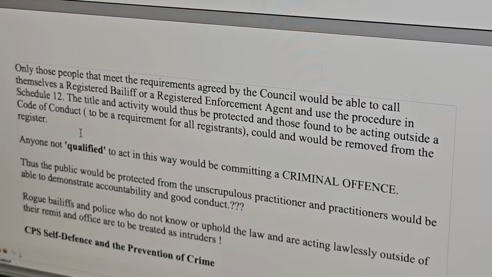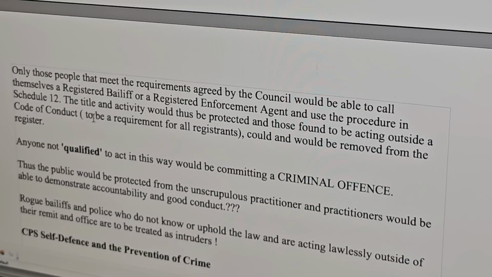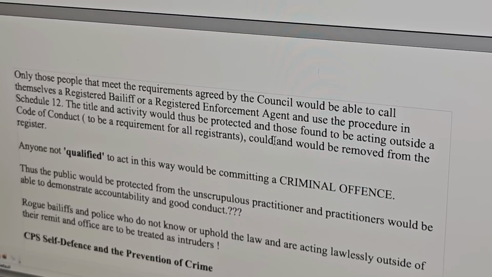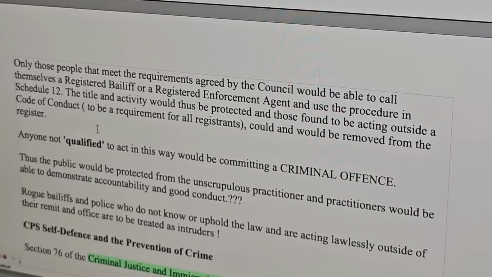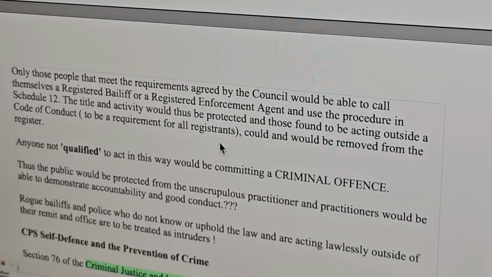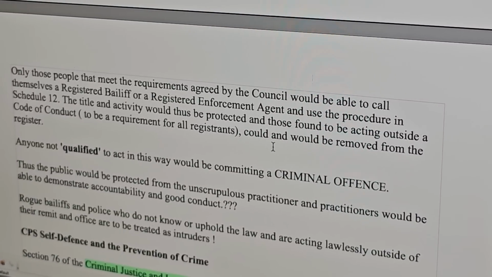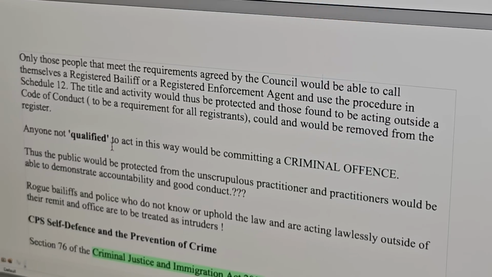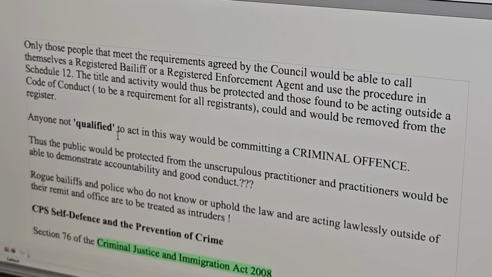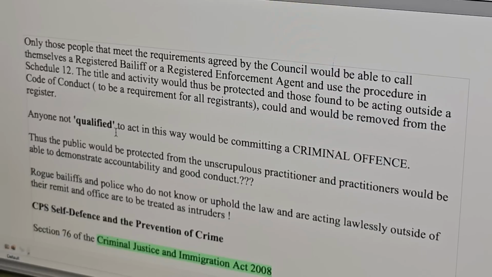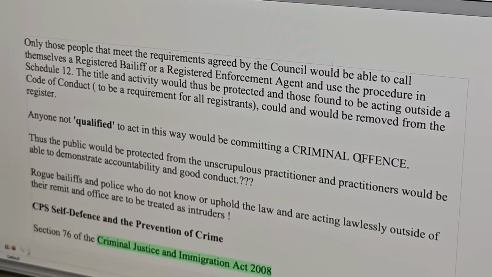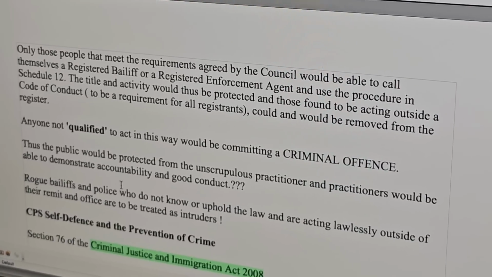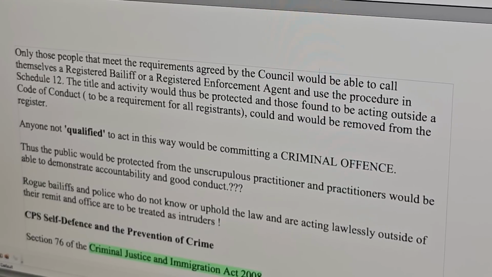So if they were just doing this for goods or possessions, the title and activity would thus be protected, and those found to be acting outside the code of conduct, a requirement for all registrants, could and would be removed from the register. Anyone not qualified, like the people that come through the door, who won't even produce SIA licences or SIA badges or their name, to act in this way would be committing a criminal offence. This is what it says on there if you look this up.